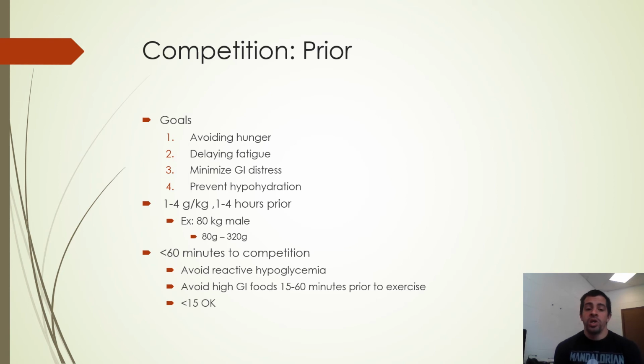If we're talking about the high end, 4 grams per kilogram, we're probably going to get that meal in on the longer end of that window, 3 to 4 hours out. 80 grams is not a small meal either; it's a decent amount of carbs.